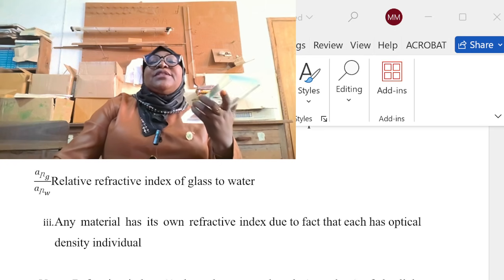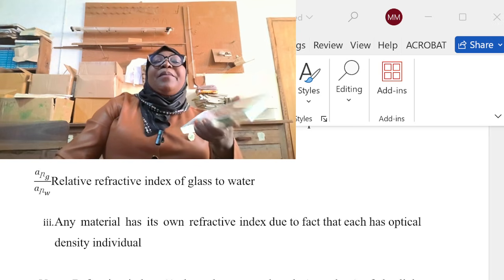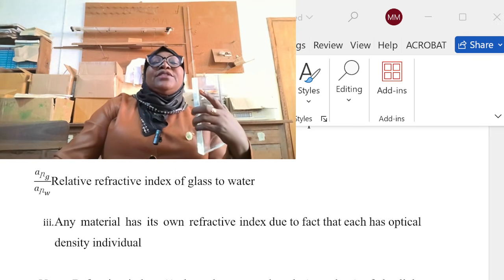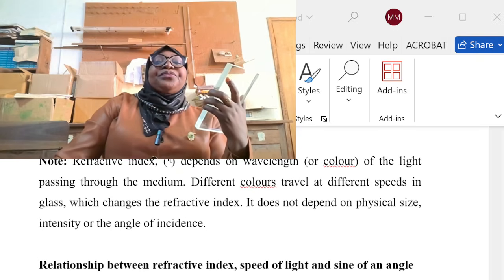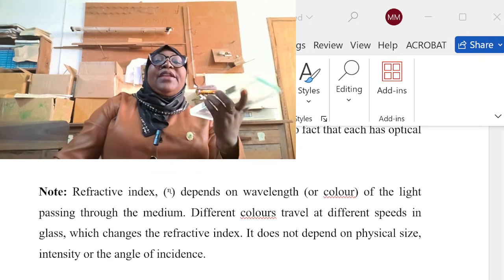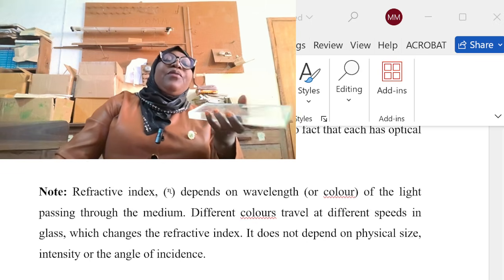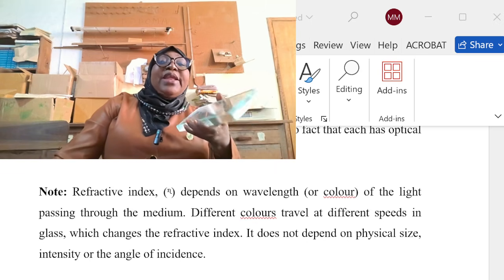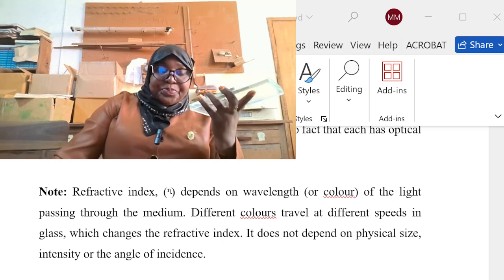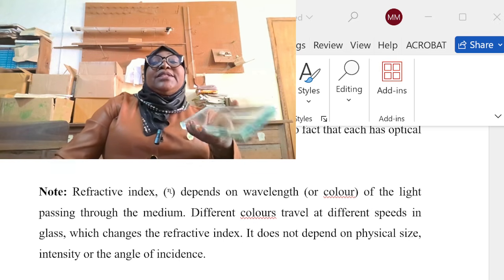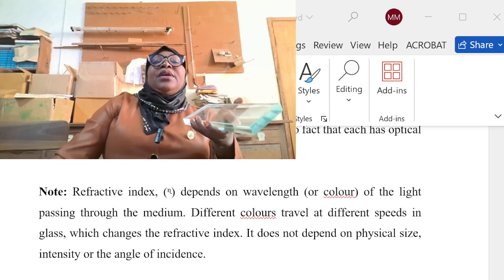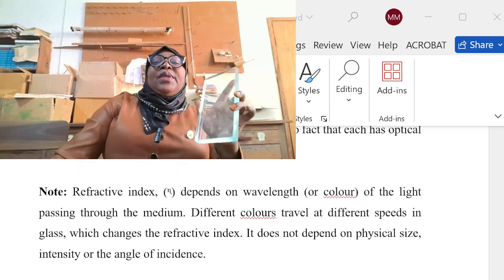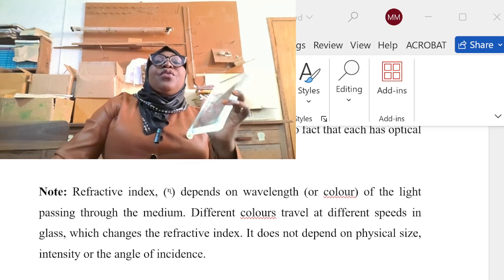That's why Snell's law says that for a particular material, the ratio of sine i to sine r is constant. The refractive index depends on the wavelength or color of the light, since different colors have their own wavelength. It does not depend on the physical size, intensity, or angle of incidence.